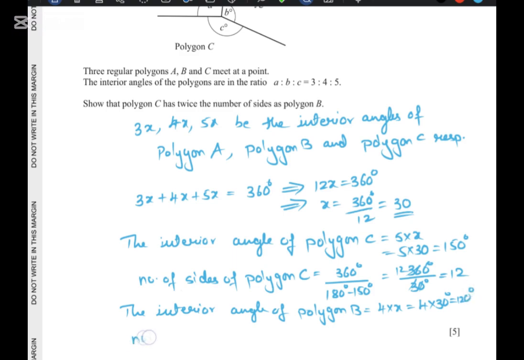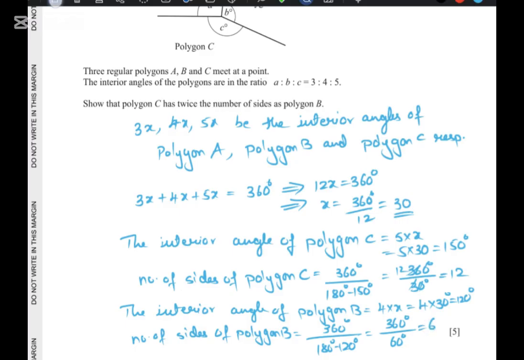So the number of sides of polygon B will be 360 by 180 minus 120. So 360 by 180 minus 120 is 60. So this gives you 6.